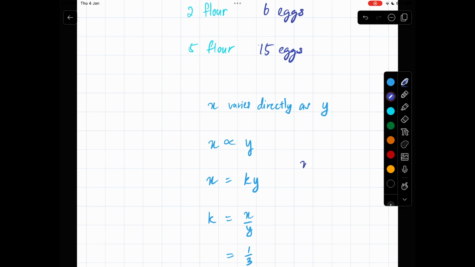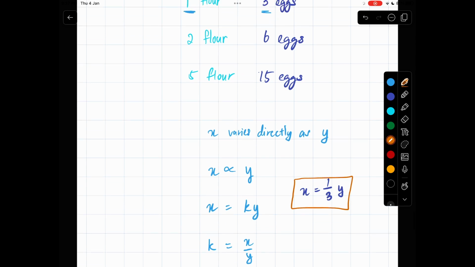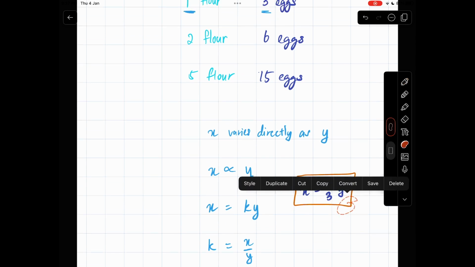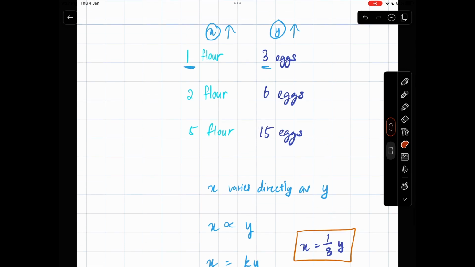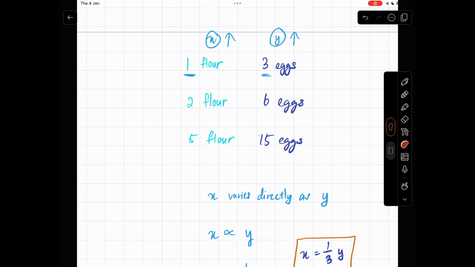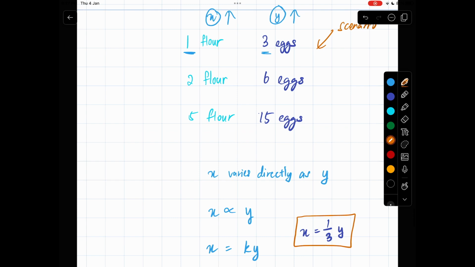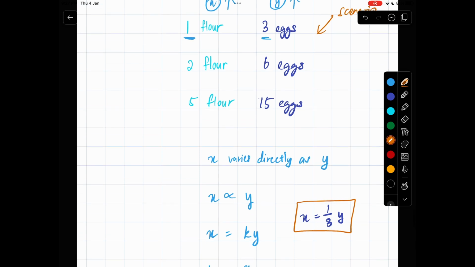Now when you write it down, you will get Y equals 3X. This particular equation is true for all the instances we have in relation to X and Y for this particular scenario. The X and Y might change according to the values, but this constant will not change. This is the constant for this particular scenario.